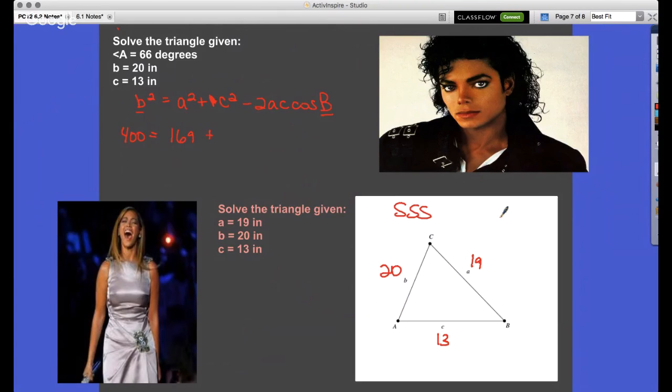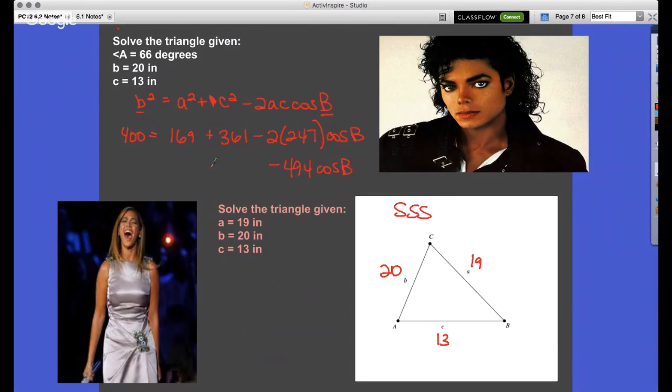Let's add 169 and 361, which is 530, minus 2 times 19 times 13. 19 times 13 is 247, then multiply by 2. I'm showing work so you can see that. When I simplify this, I'll have minus 494 cosine of B.